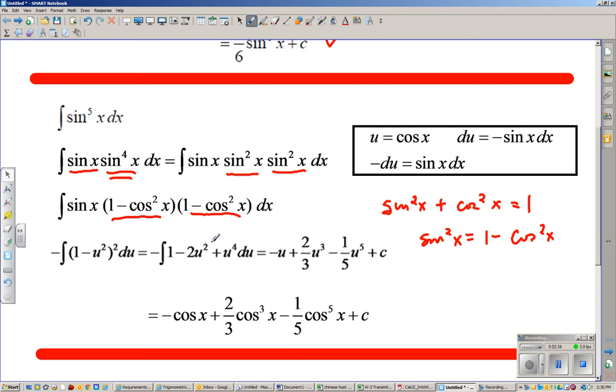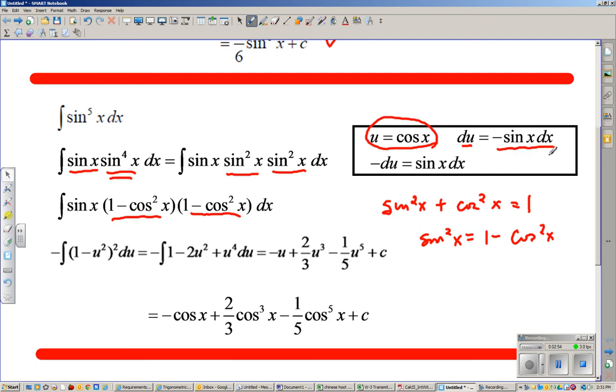Now over here in the box I've said, how about letting my loner involve the sine, and I'm going to let u equal the cosine of x. If I let u equal the cosine of x, it implies the derivative is negative sine x.